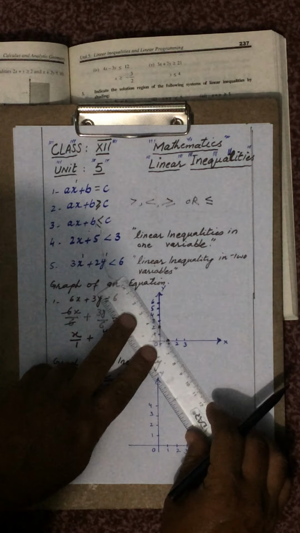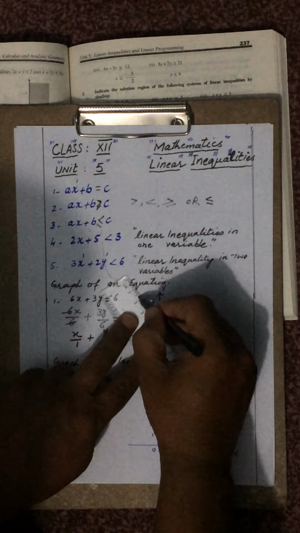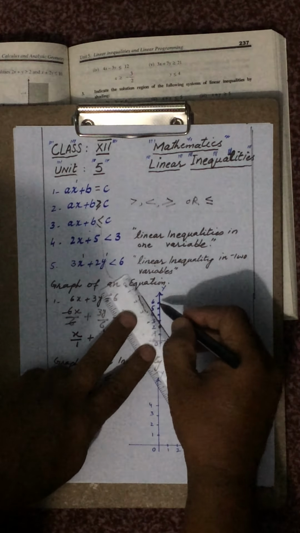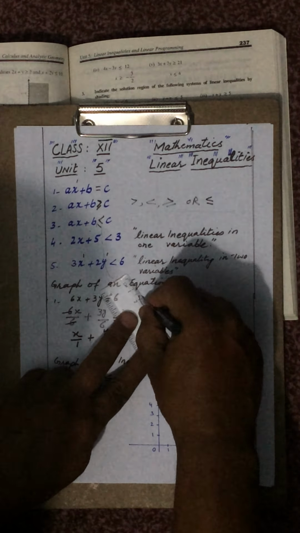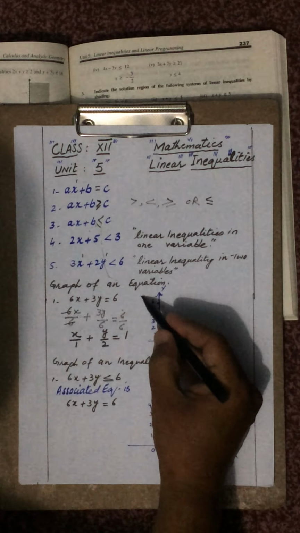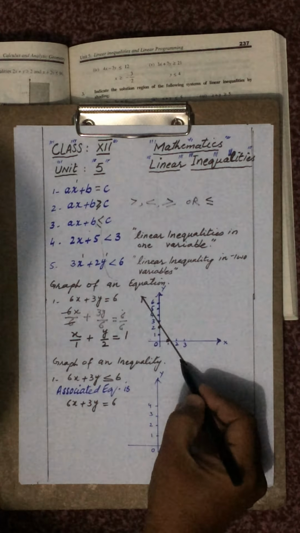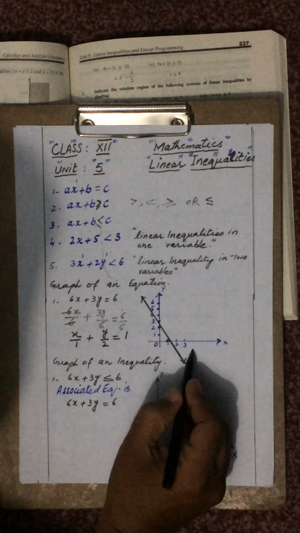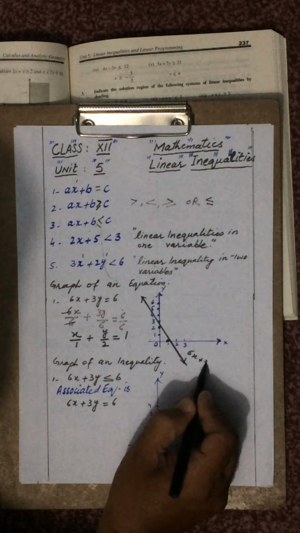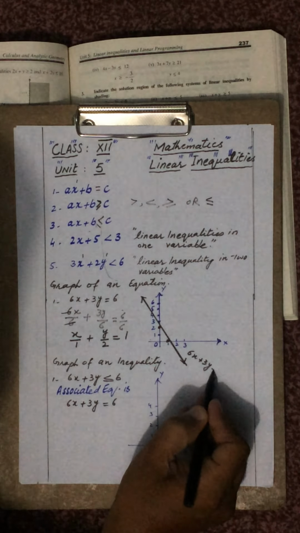By joining these 2 points, we get the graph of the equation 6x plus 3y equal to 6.